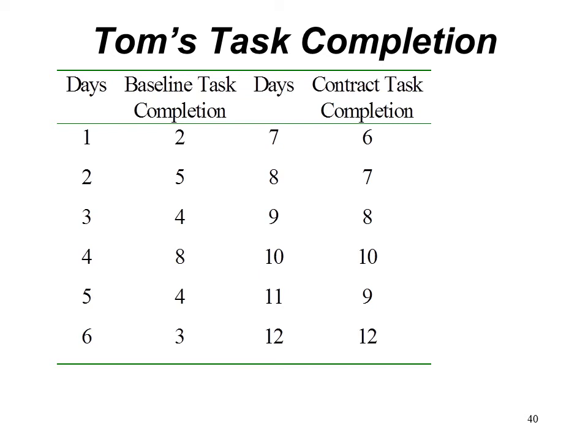So let's take the example. Let's say we've got 6 days of data, and we're looking at completion of a task. So here are the number of tasks the student completed for each of those 6 days. Then we have 6 additional days of data with the number of tasks completed.